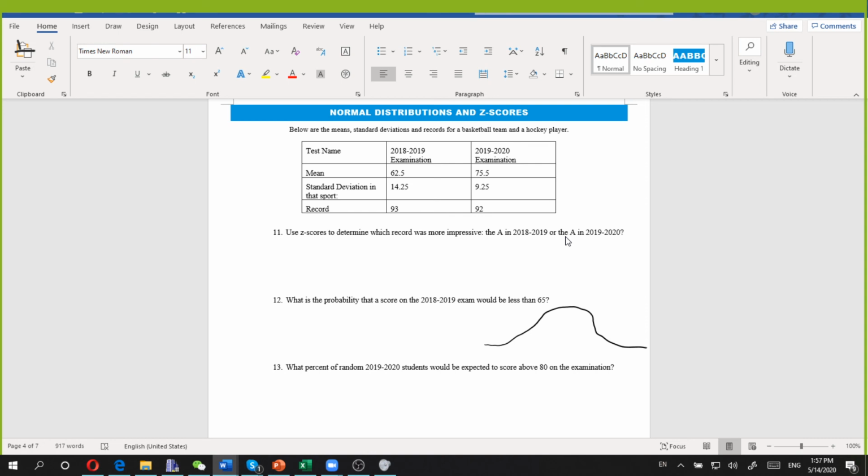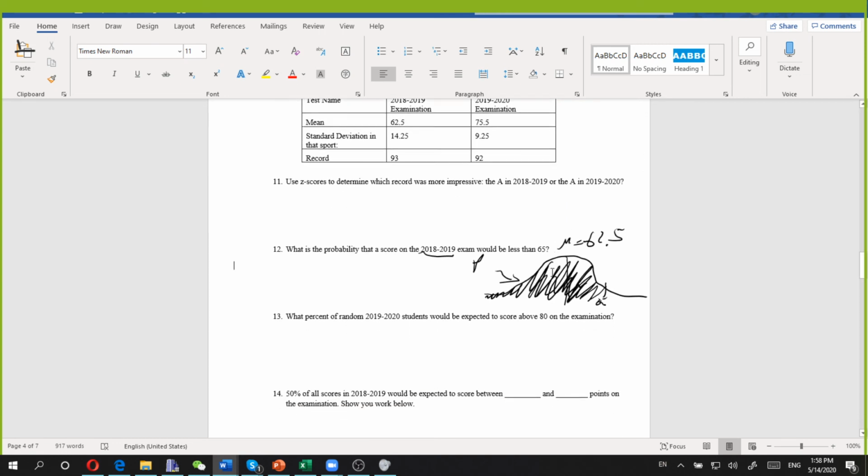Okay, less than 65. So this is the 2018 to 2019 exam. So our mean value is 62.5, and our score here is 65, somewhere out here. If you get this area, that would be the probability that a random test score in 2018 to 2019 would be less than a 65, which is exactly what you're looking for. Okay, so that's it.